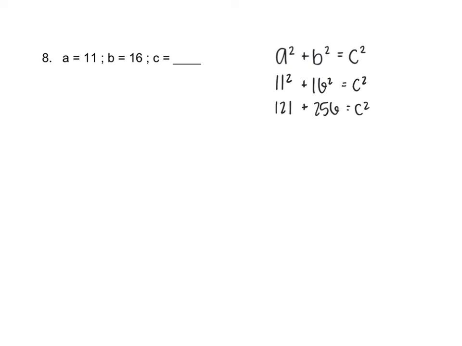We add those two values together and get 377 for the value of c squared, but we want just c, so we're going to square root both sides. And when we take the square root of that and round to the nearest tenth, we're left with 19.4 equals c.